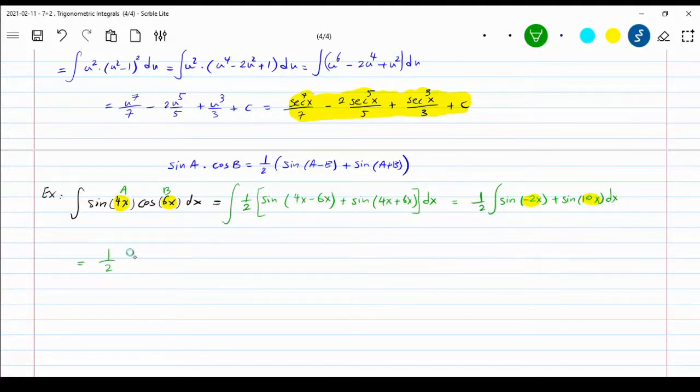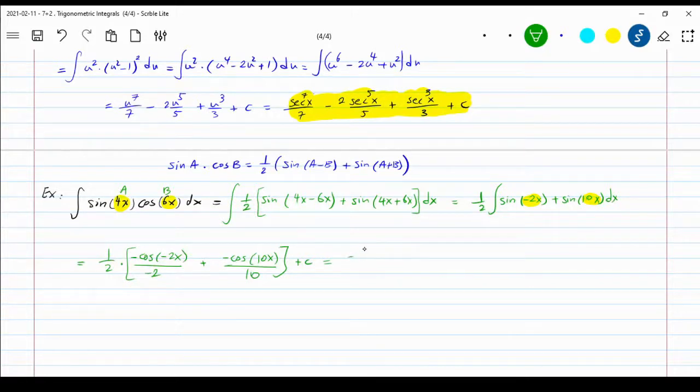If you do that, the integral of sine negative 2x is, since the integral of sine is negative cosine, negative cosine negative 2x divided by negative 2, and plus negative cosine 10x divided by 10. And this 1/2 is multiplied by all of them, plus some constant.